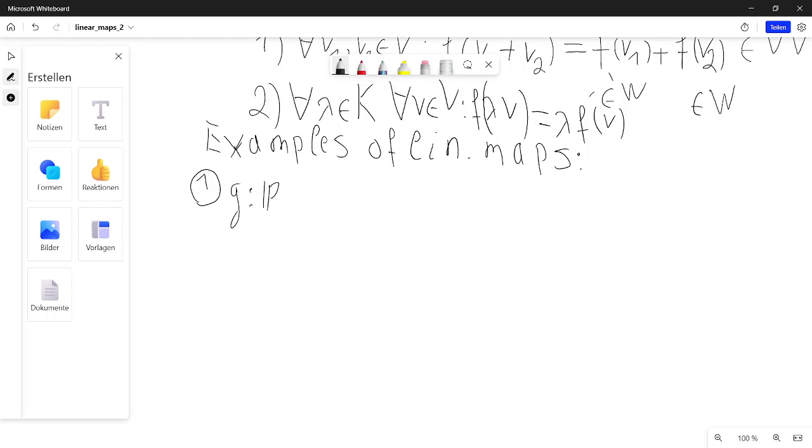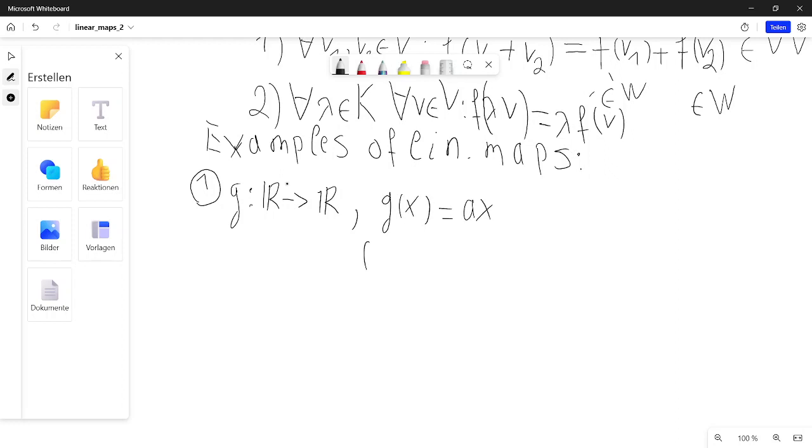That map is supposed to go from R to R. R is a vector space, for example, the R vector space, so no problem with that. And this map is supposed to be a very well-known function, g(x) is just ax.